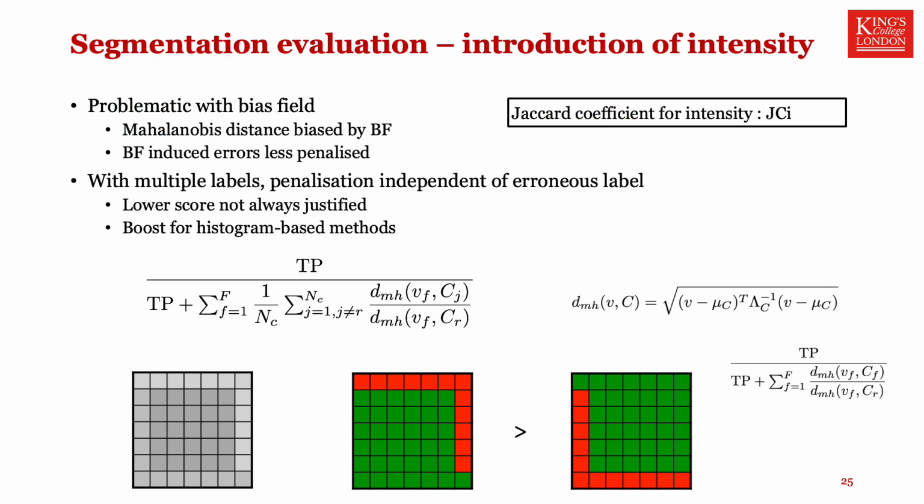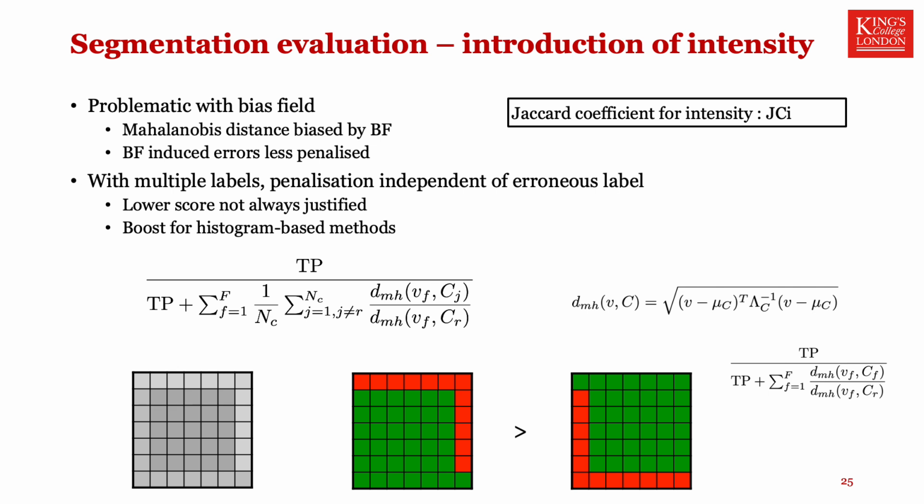We have some segmentation evaluations that are actually related to intensity, basically saying that making an error where the contrast that we can observe is not very strong should be less penalized than errors in locations where the contrast was very strong and we shouldn't have done it.